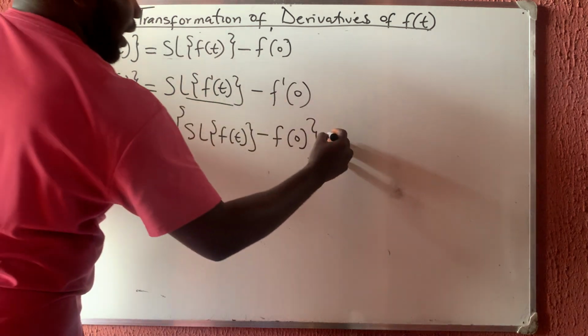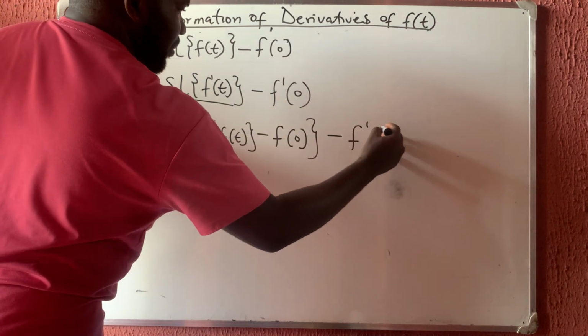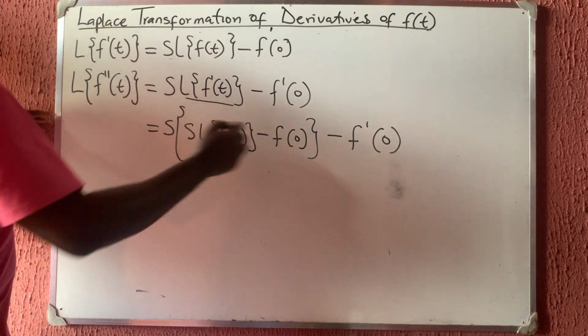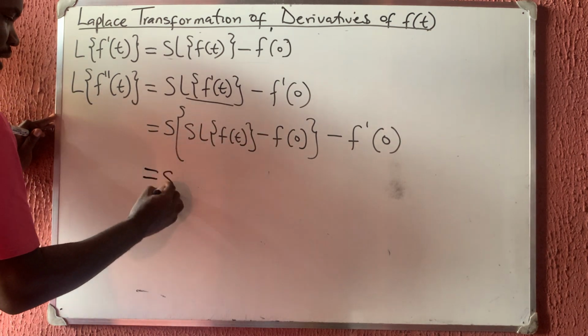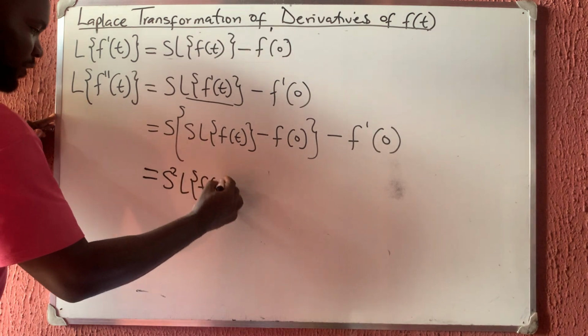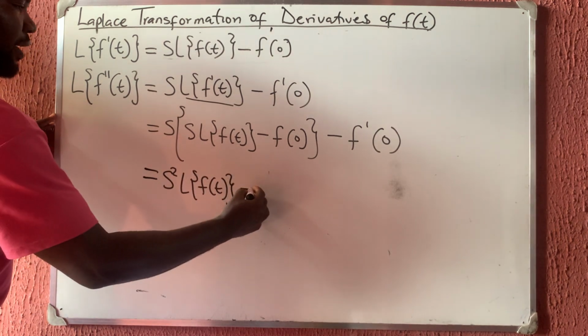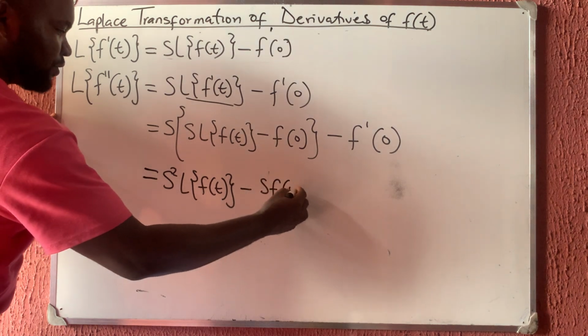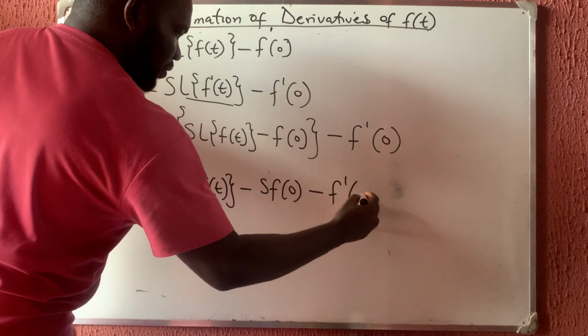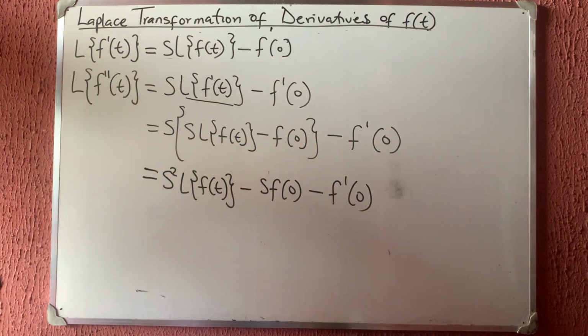Now then we now have minus f prime of 0. Okay. So if you now multiply this out, I'm going to have that this is something as saying s squared, the Laplace transformation of f of t, okay, minus s f of 0, then minus f prime of 0. Okay, this is the second derivative.